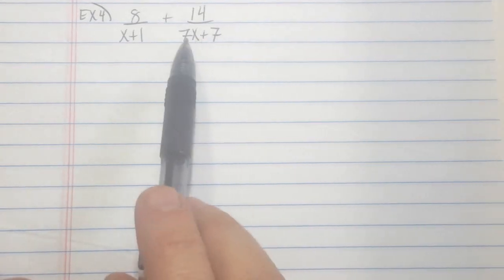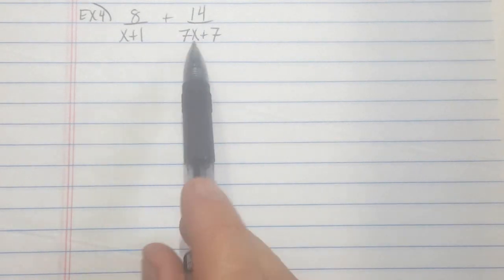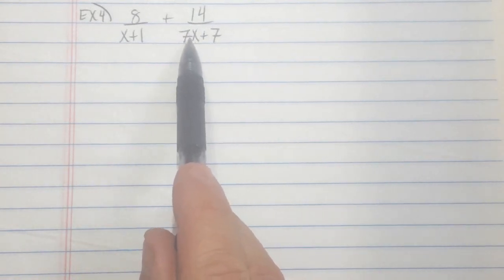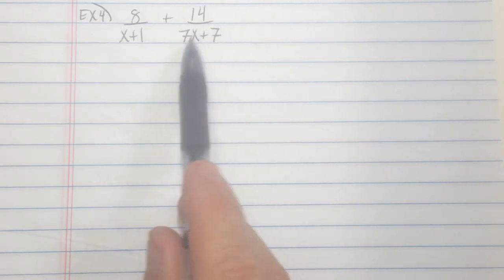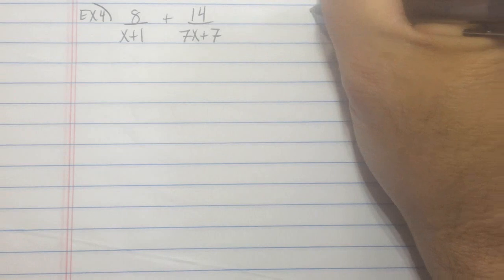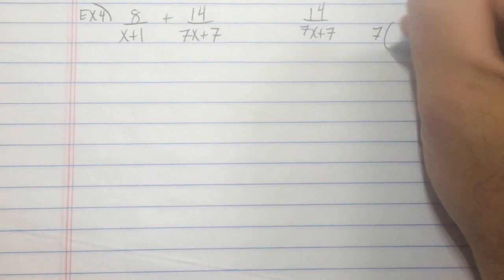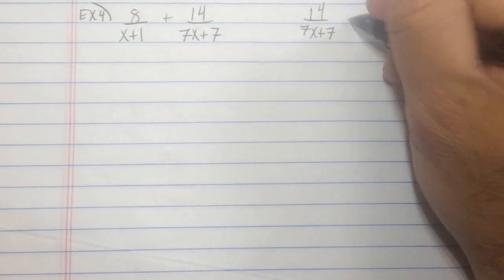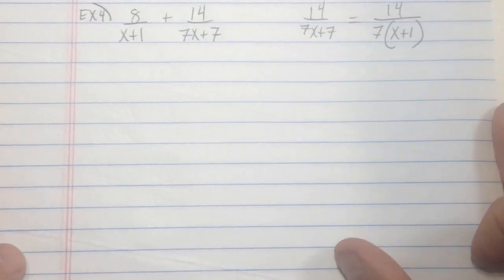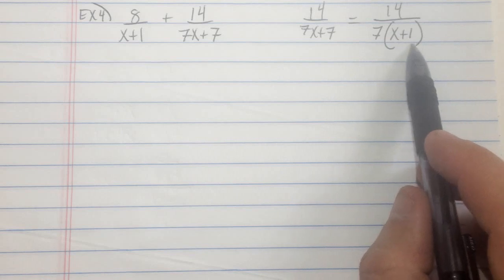So there's a lot of different ways we can solve this problem, but one of the easier ways to do it is to simplify this fraction first. In other words, what can I factor out here of 7x and 7? You know, they both have a 7 in them. So I'm going to kind of do it off to the side. Okay, if I factor out a 7 from that, it becomes 14 over 7 times x plus 1.